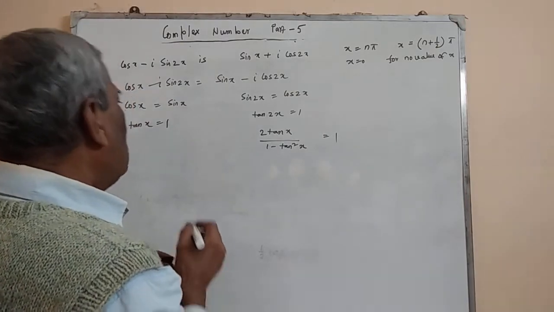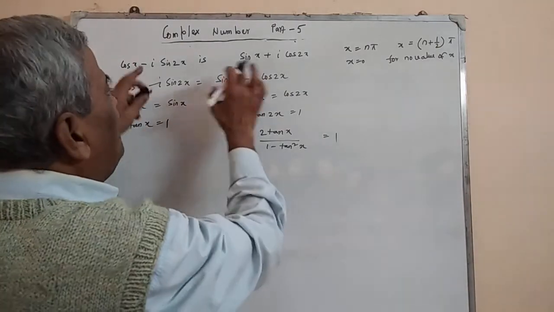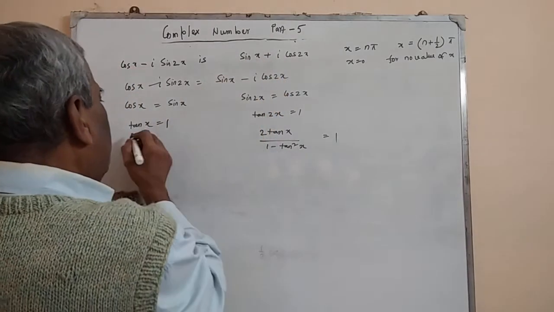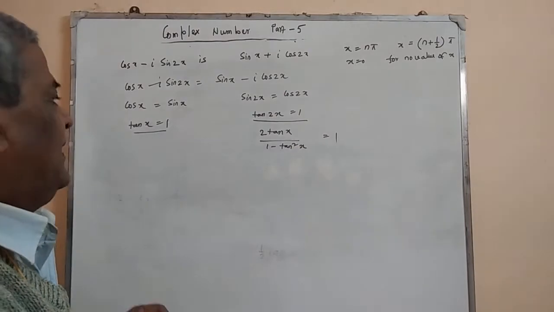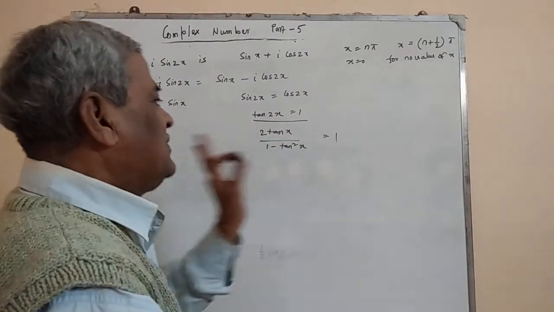So for no value of x. If this is the conjugate of that, then this and that must be simultaneously satisfied, but they are not satisfied together.